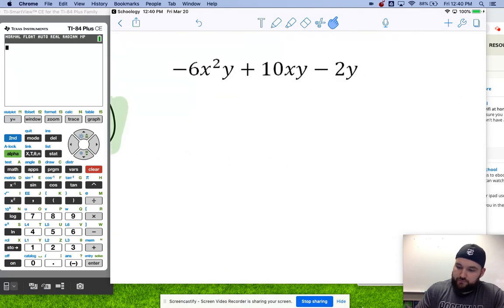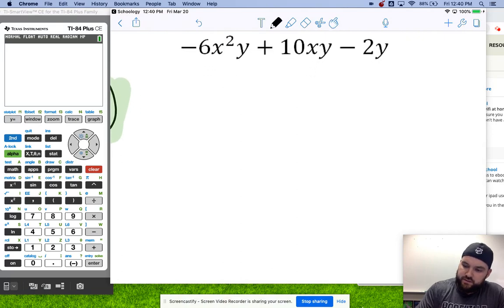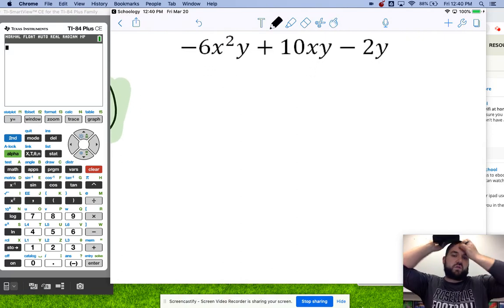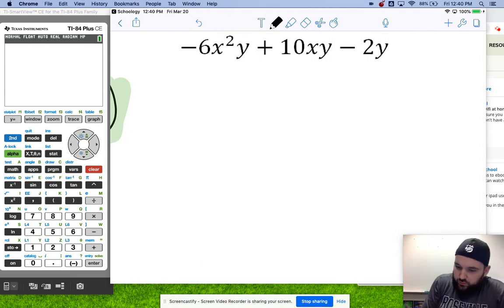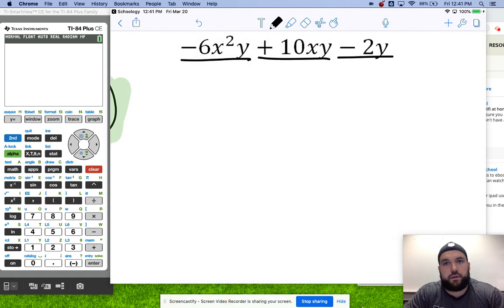And then here, now this is the first example we've had where there's terms with multiple variables in it. So again, just to reiterate, there are 3 terms there. They all have a number, they all have variables. So what number can divide negative 6, positive 10, and negative 2?